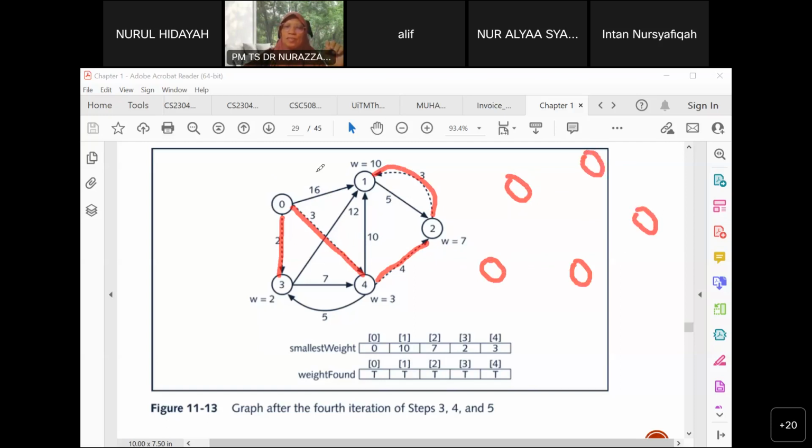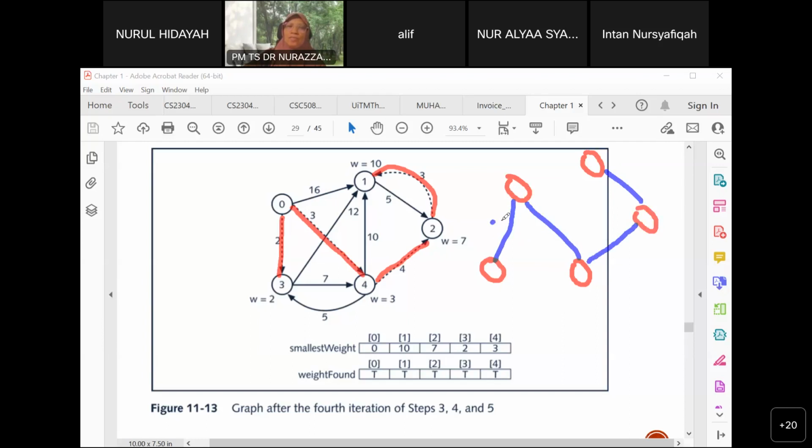Kalau saya lupa. Okay. So kalau edges dia, okay, katalah saya hanya ambil from oops, kenapa dia merah balik? Aduh. Okay, that means this one, this one, this one, and oops, this one.